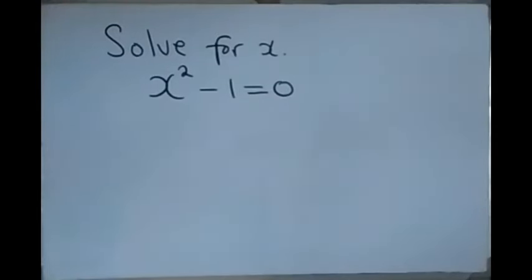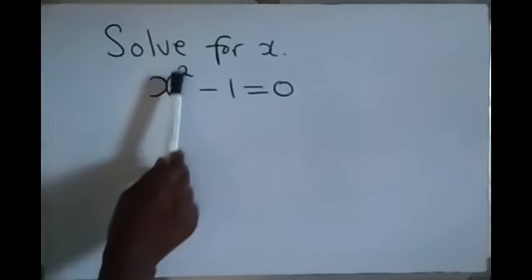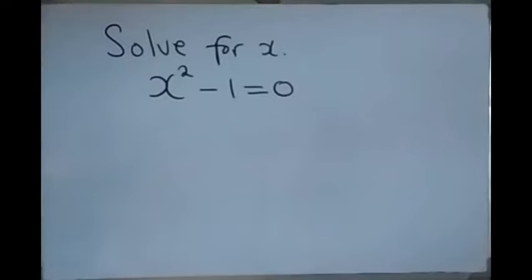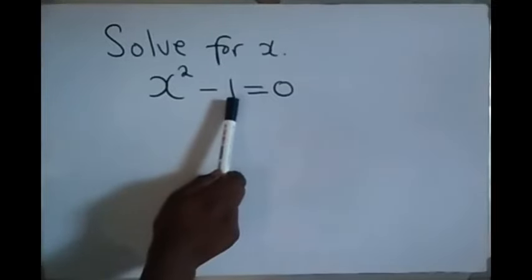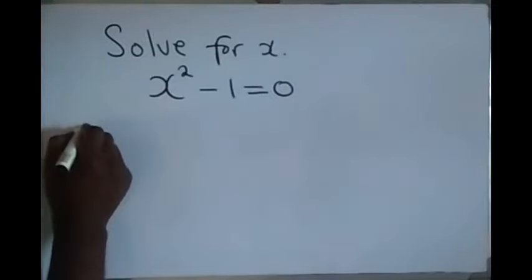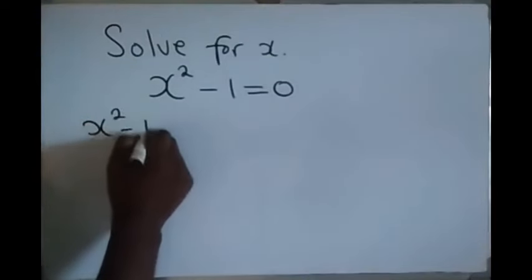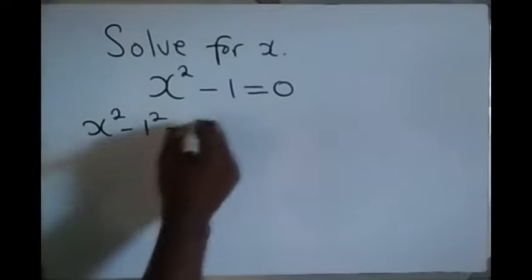The first method involves the difference of two squares, because you can see we have x squared minus 1 equal to 0. So we can square this 1, so we have x squared minus 1 squared is equal to 0.